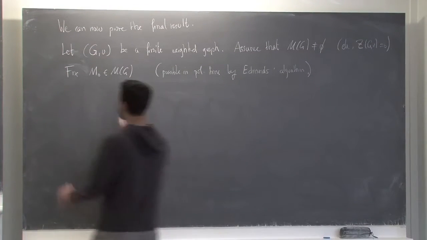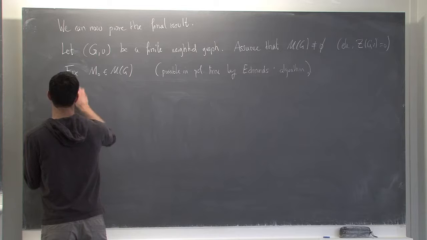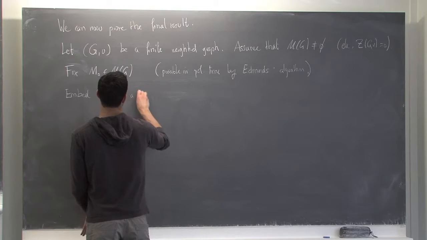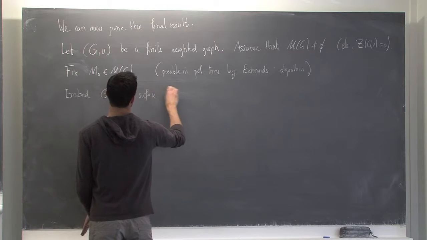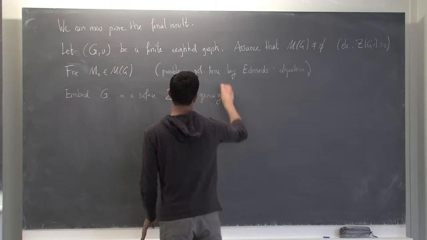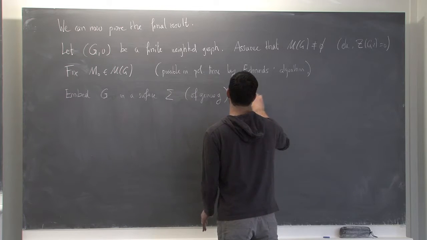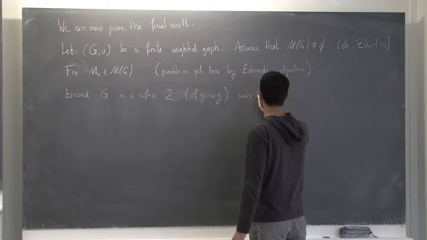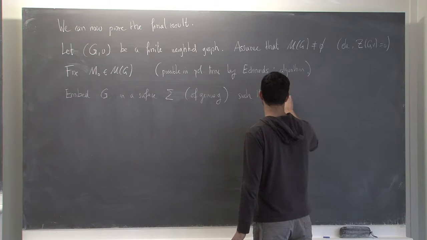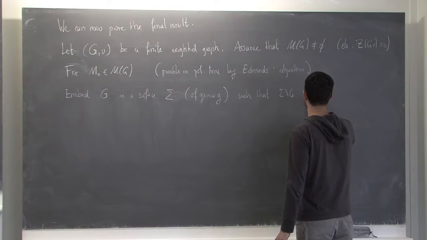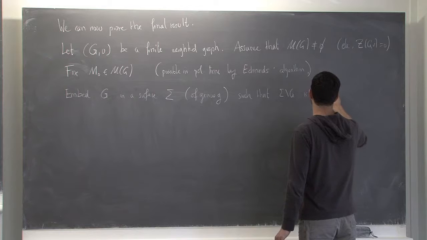Now we embed G in a surface sigma, let's say of genus g. And we want to assume, as usual, that the complement is a union of topological disks.